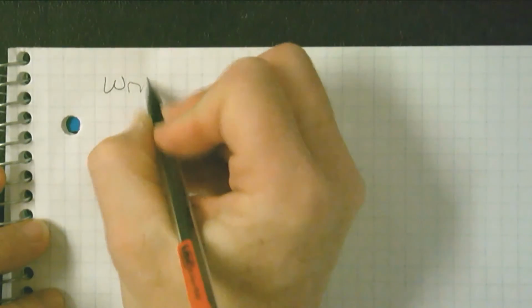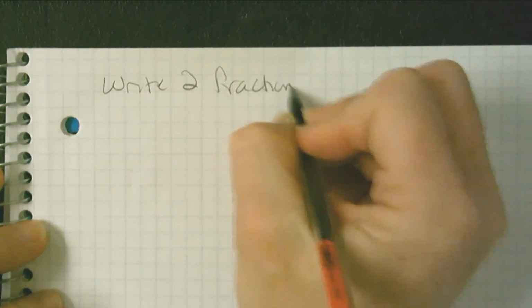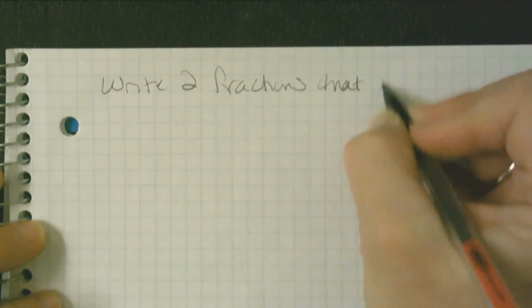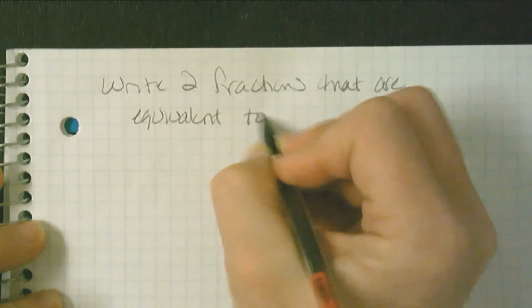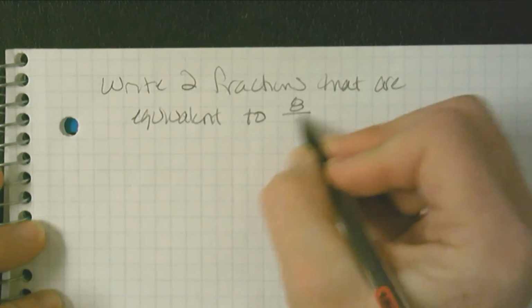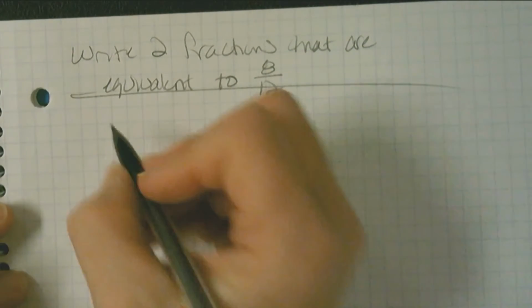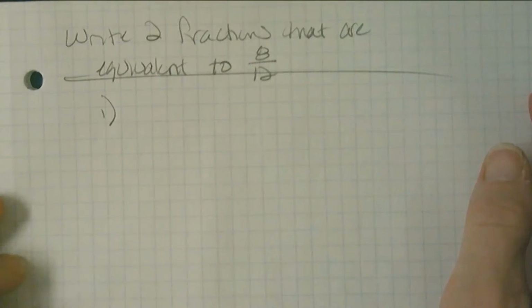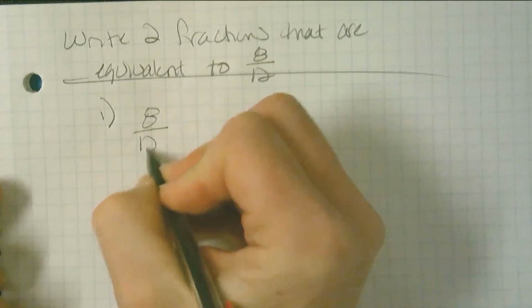All right, let me give you an example of what I want you to do. I want you to write 2 fractions that are equivalent to 8/12. Well, let's start with our 8/12.